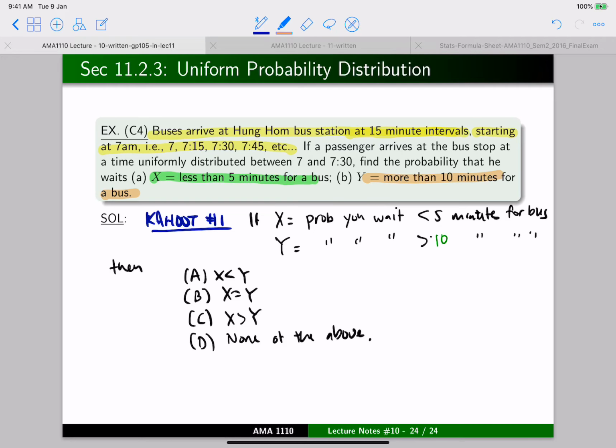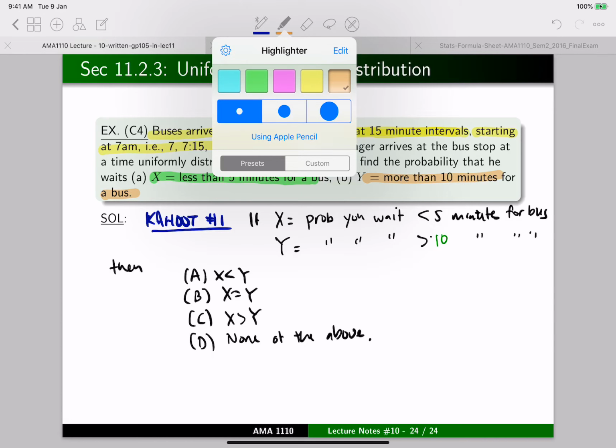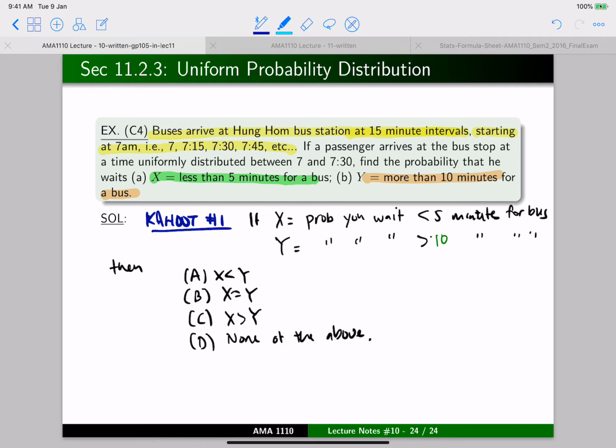Do you think the probability that he waits less than 5 minutes is less than the probability he waits more than 10 minutes? Or you think the two probabilities are the same, or that the probability he waits less than 5 minutes is greater than the probability that he waits more than 10 minutes, or none of them?